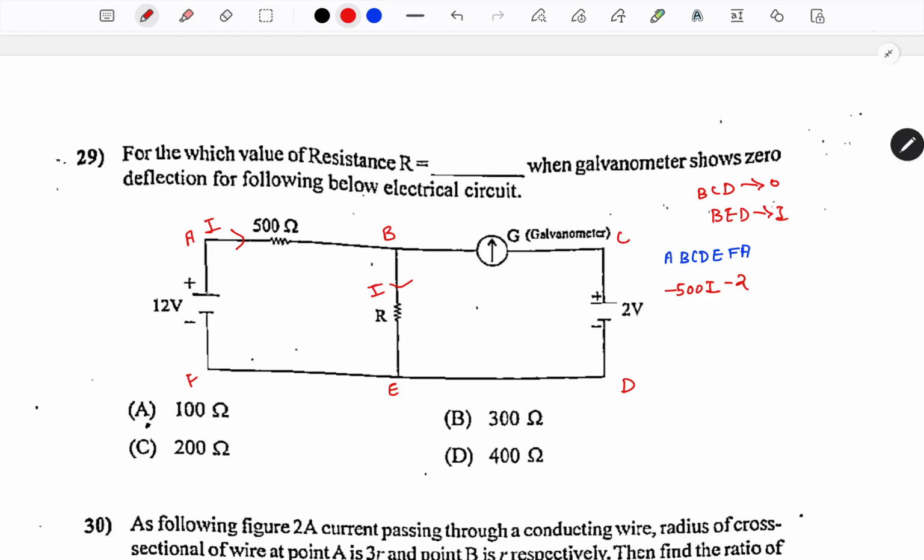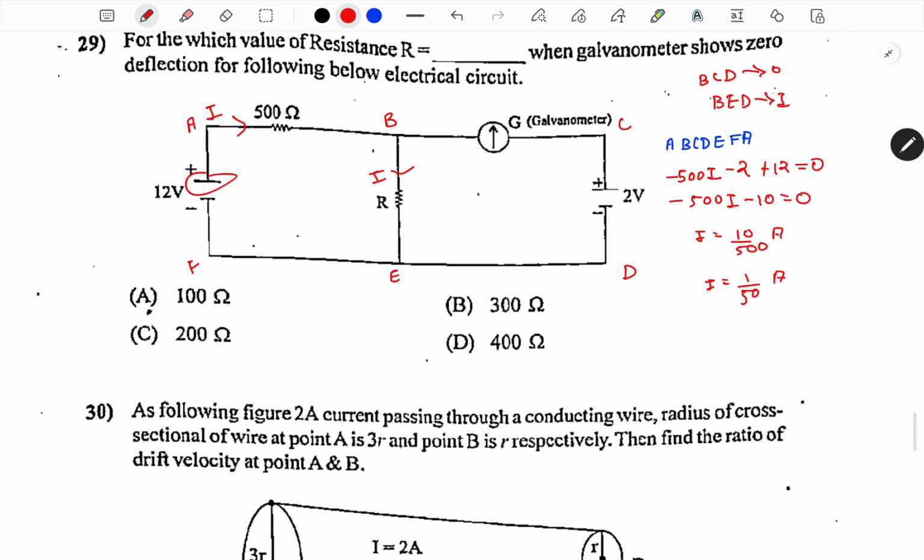On moving further, again it is positive, so plus 12, equals 0. So minus 500 I minus 10 equals 0. So I equals 10 by 500. So I is equal to 1 by 50 ampere. In this question we have found I equals 1 by 50.